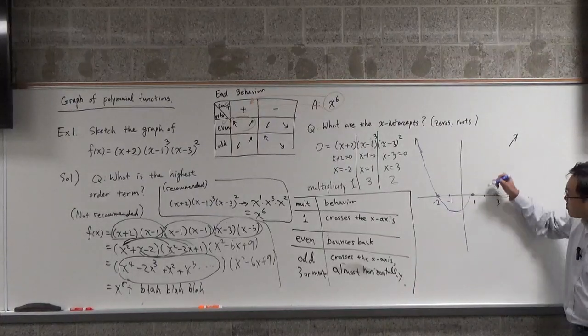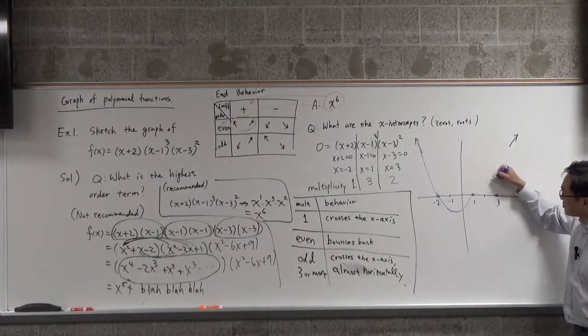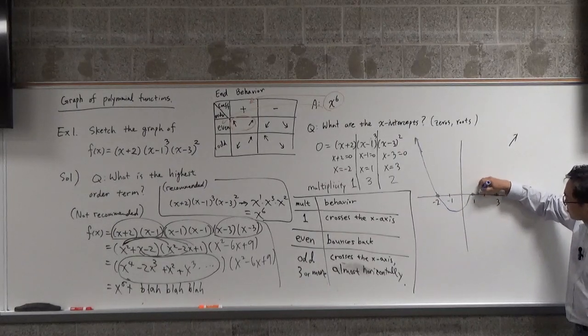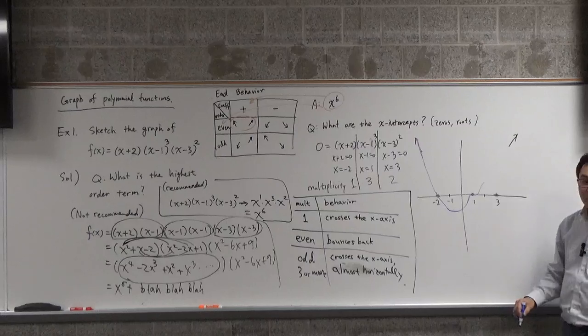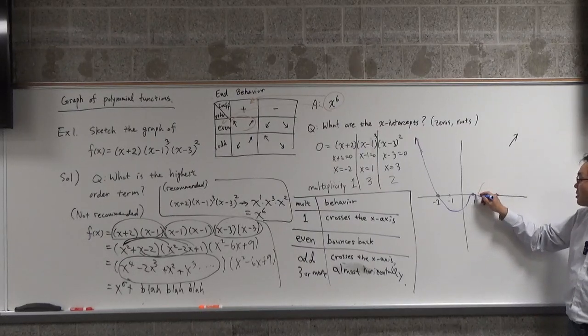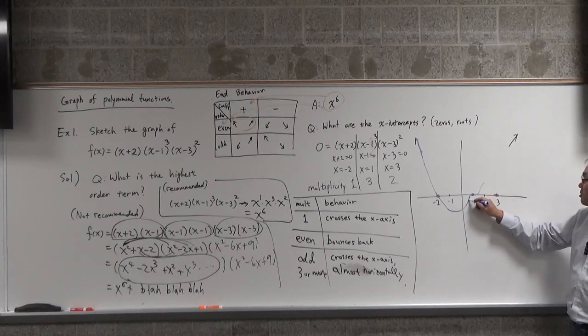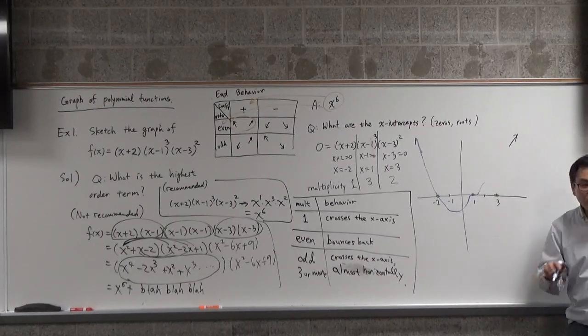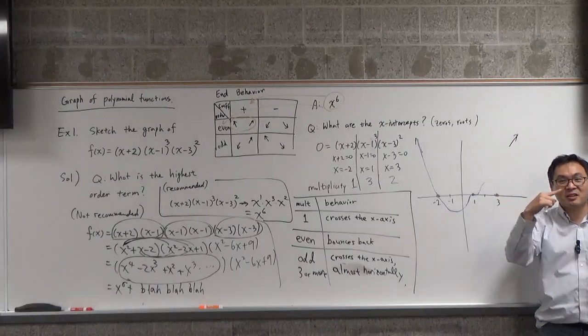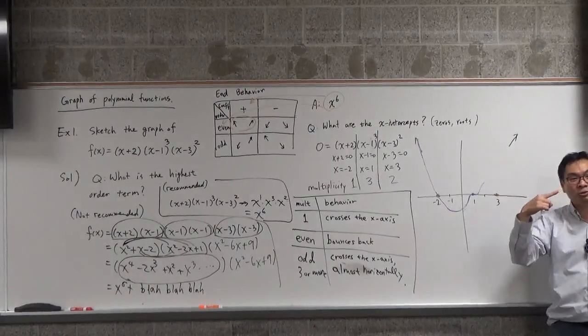In that case, what happens is that it will be crossing over, but it momentarily becomes horizontal and goes up. It does cross over, but it momentarily becomes horizontal, almost horizontally. And if you zoom in, you'll see that it's not perfectly horizontal. It'll be slightly above, but almost horizontally.